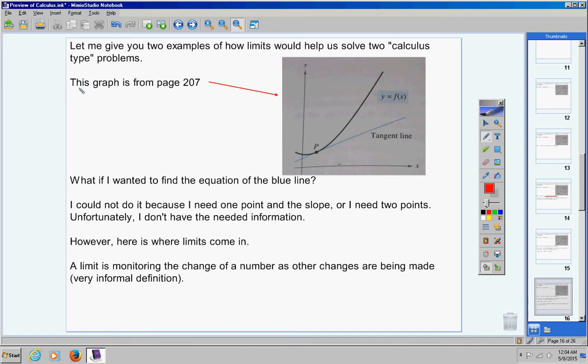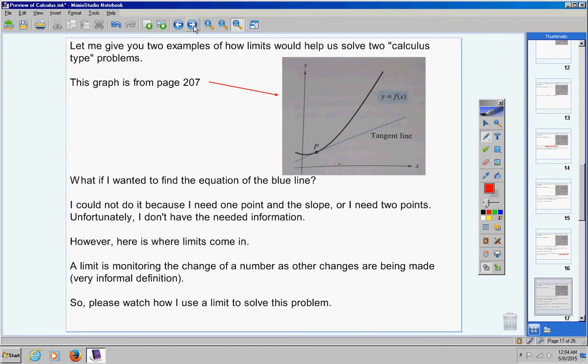So in other words, in a second, I'm going to make some changes to this graph. Those are the changes being made. And when I do that, I'm going to monitor a certain number and see how that number changes. Now this is a very informal definition, and I'll explain this well later. But a limit is monitoring the change of a number as other changes are being made.